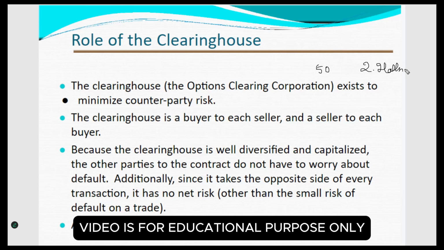Whereas for option buying, they can ask for just 50 rupees times 75, around 4,000, 5,000, depending on the option price value. So you should understand how the clearinghouse plays a critical role while trading options.